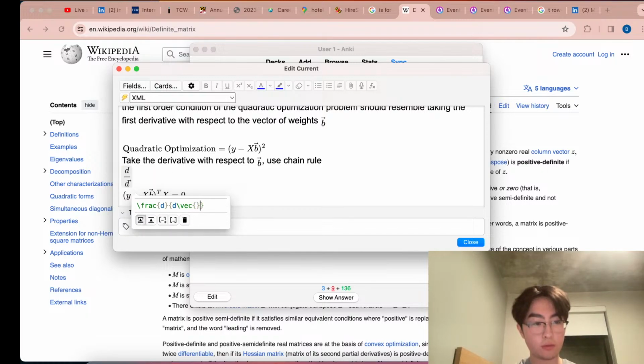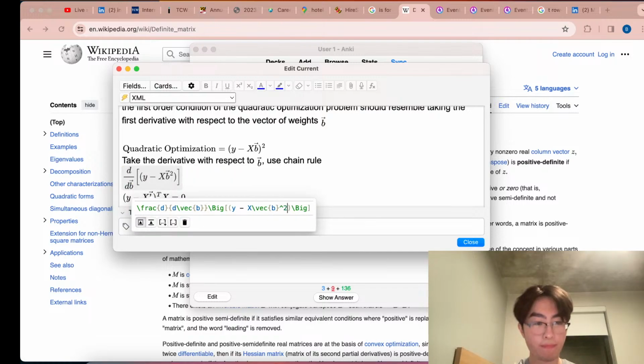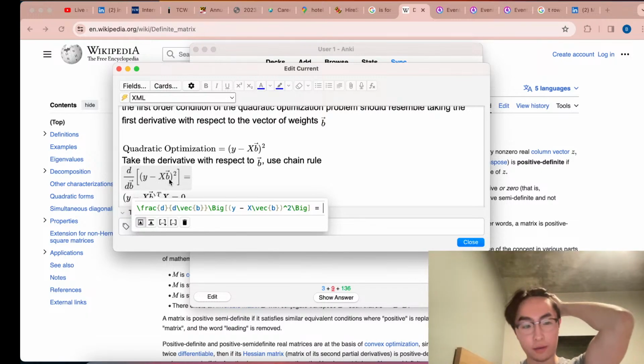The derivative of y minus xb squared is going to be equal to 2 times, so we can use the chain rule.